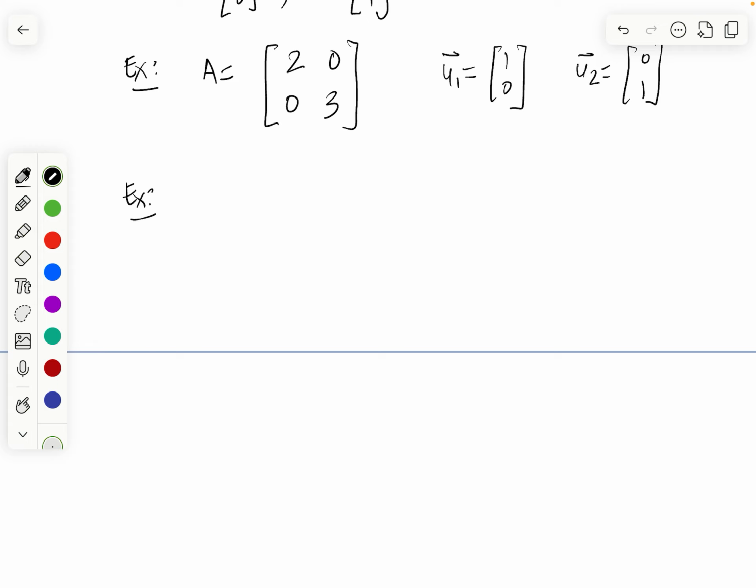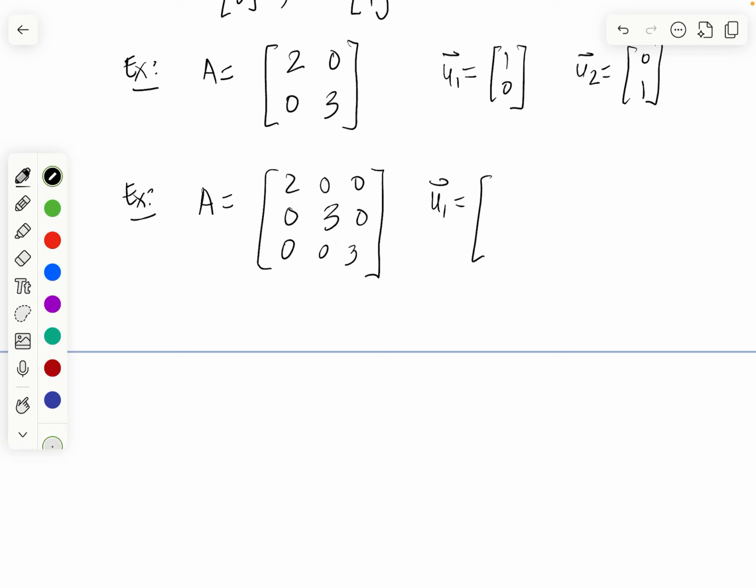What if you had something like, let's do another diagonal matrix, A equals 2, 0, 0, 0, 3, 0, 0, 0, 3. Well, then you can pick U1 to be (1, 0, 0). What about U2 and U3? They can be (0, 1, 0) and U3 is (0, 0, 1).